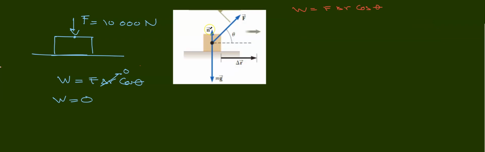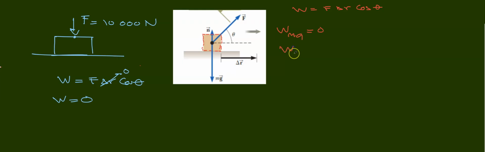If we consider this free body diagram and we define the system as the box and the box alone, we understand then that the force, this force being applied by a hand or a wire, whatever, is external, that the normal is external because it is produced by the floor, and the weight is external because it's produced by the earth. Looking at the equation, we can realize that the work done by the weight is zero because it's perpendicular to the displacement.